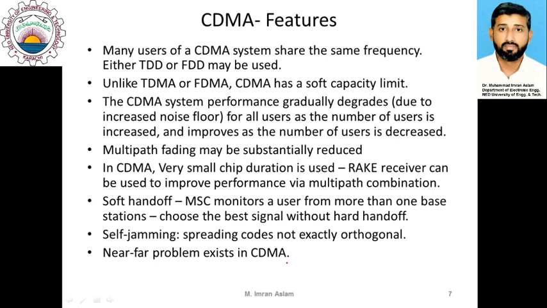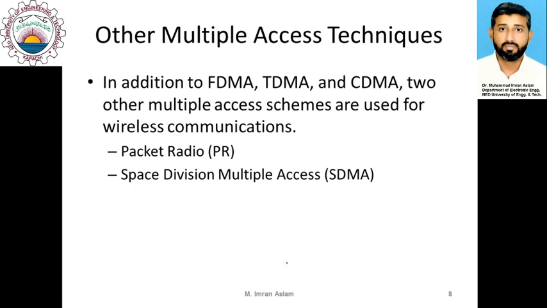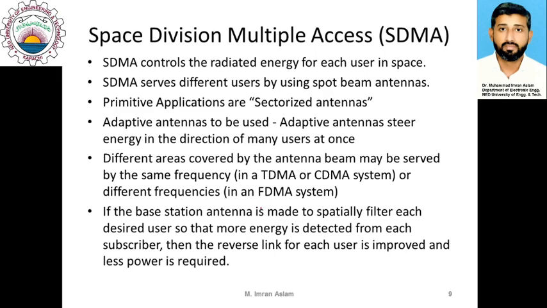Although these three are the most commonly used multiple access techniques, there are some other multiple access techniques which are also used in wireless communication. Two common techniques are packet radio based multiple access and space division based multiple access. So let us discuss these two multiple access techniques.